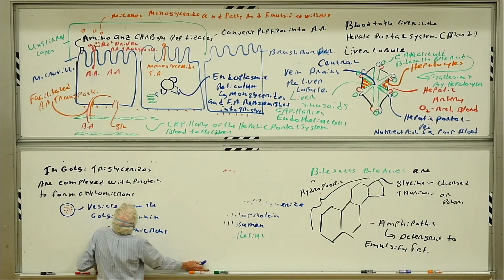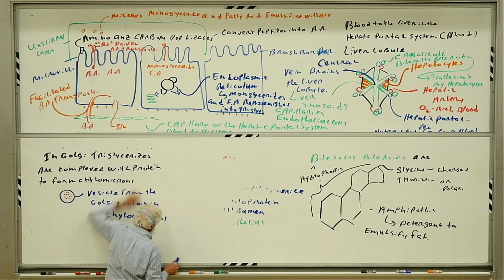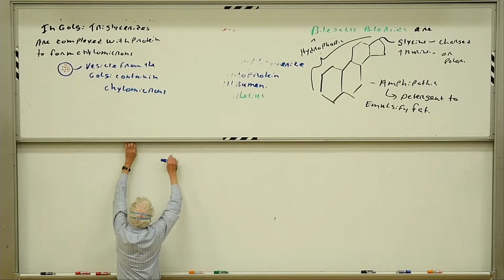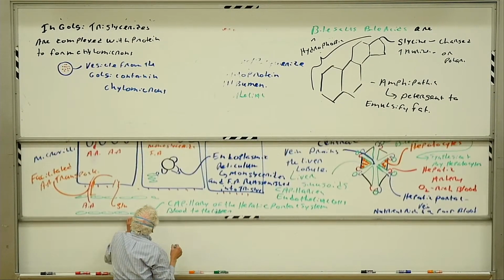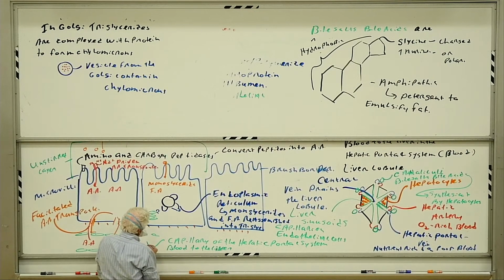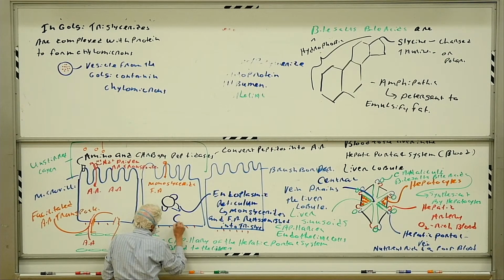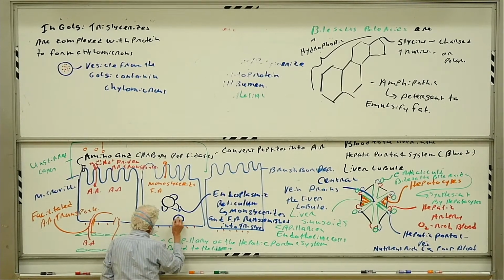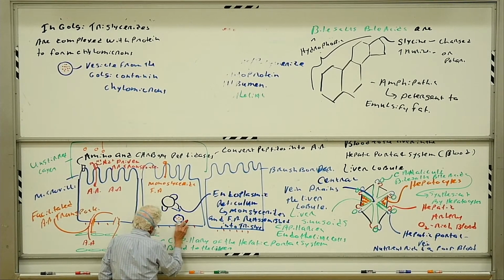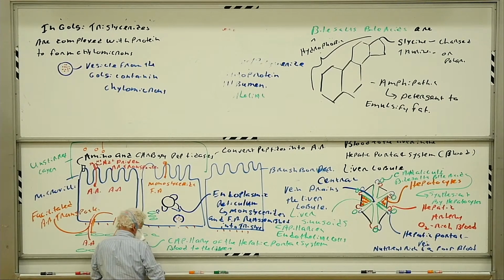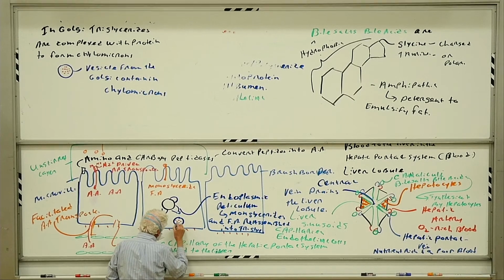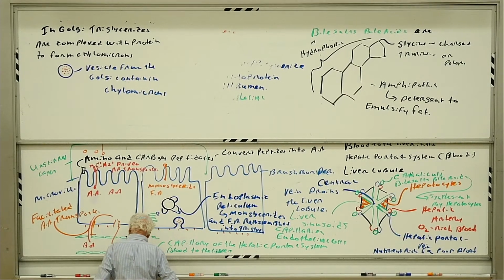Then those chylomicrons are brought in the vesicles to the basolateral surface. When the vesicle fuses, as we've seen by exocytosis a thousand times in here, then the chylomicrons are released from the basolateral surface.